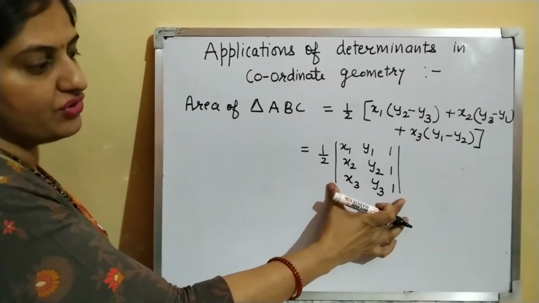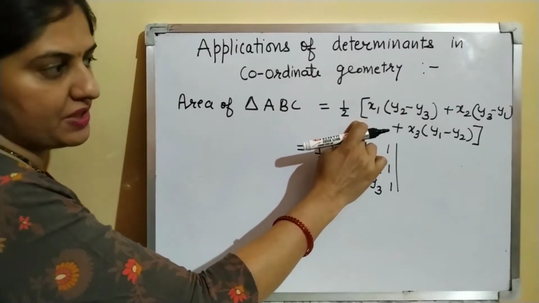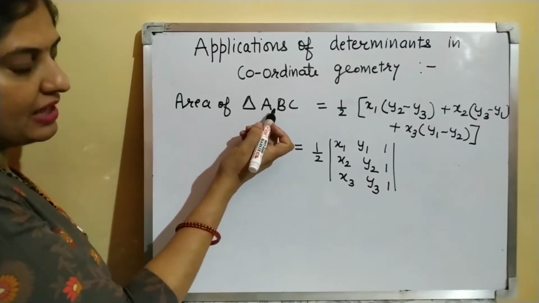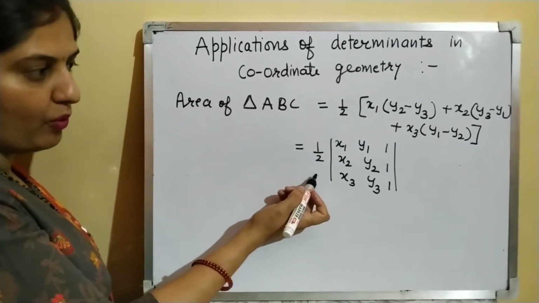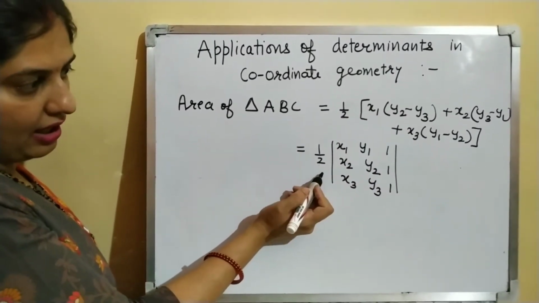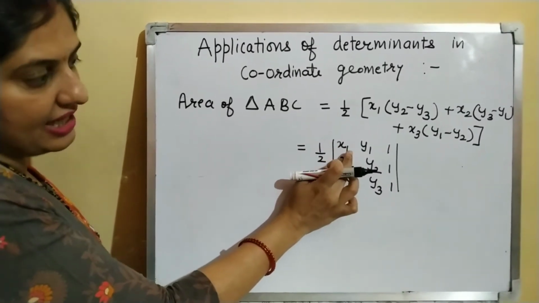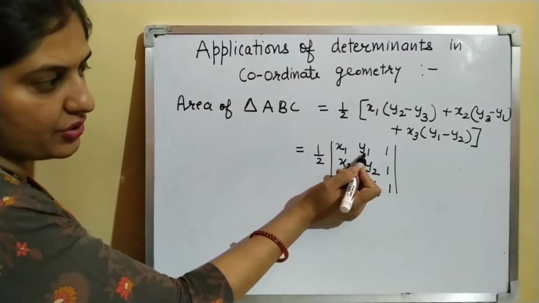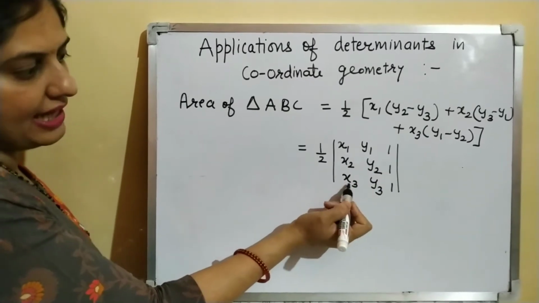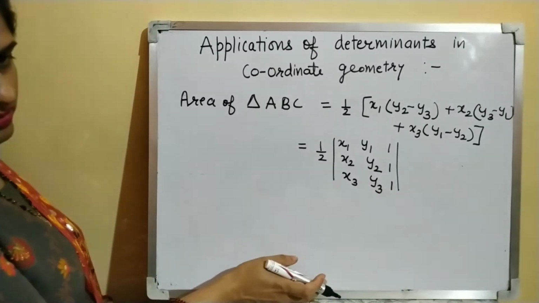The value of this determinant is equal to the above expression. So area of triangle ABC can be found out with the help of determinants by using half into determinant with the entries x1 y1, which is the first coordinate A of the triangle ABC, x2 y2, x3 y3 and last column is 1 1 1.